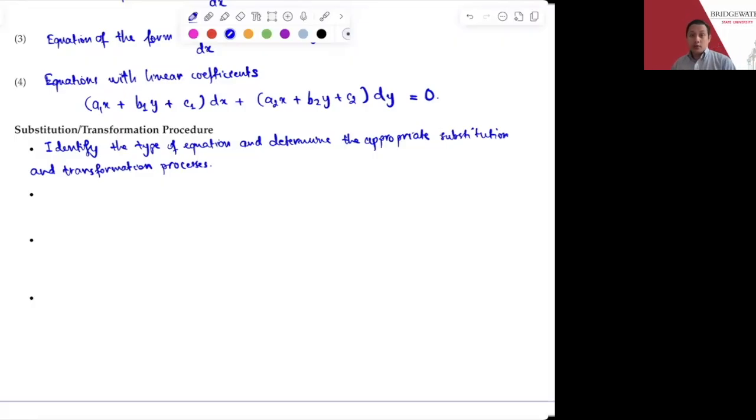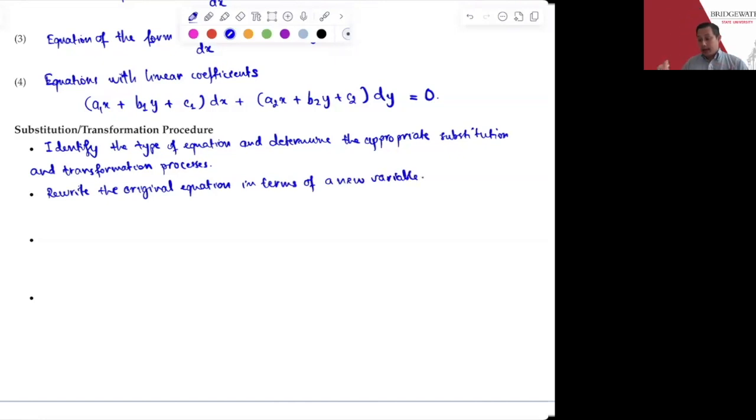Now, when you do substitutions and transformations, you rewrite the original equation in terms of a new variable.